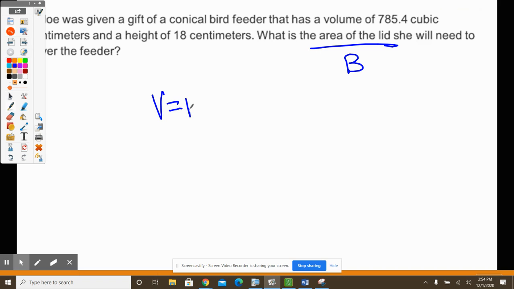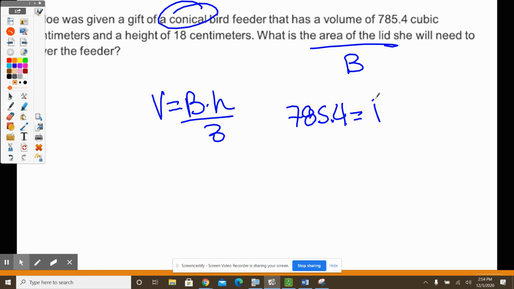I'm going to use volume is big B times H, divide by 3, because it does say cone. So the volume was 785.4. Big B is what I'm looking for. The H is 18, but we're going to divide by 3. So let's get big B by itself. You could simplify that first if you saw it, but let's just multiply both sides by 3 because that's what we did last time.